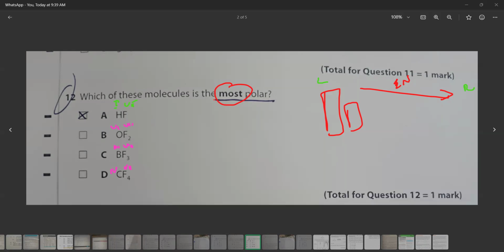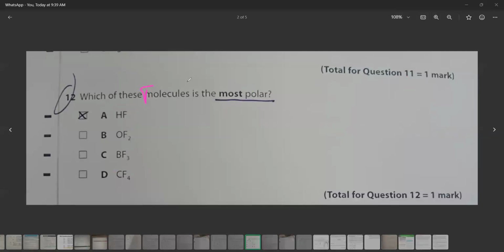No, they did not ask which molecule. They asked which of these molecules is the most polar. The idea is, yes, the dipoles will definitely cancel out each other, like in CH4 and so on. But when you check the polarity of a molecule, there are two things you have to check.